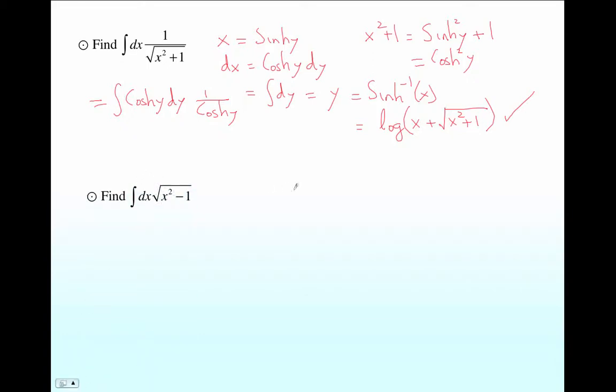Well, now let's go on and do another integral: 1 over square root of x squared minus 1. Now let me make the substitution x equals cosh of y. And you'll see why this is a good idea, because dx then becomes sinh of y dy.